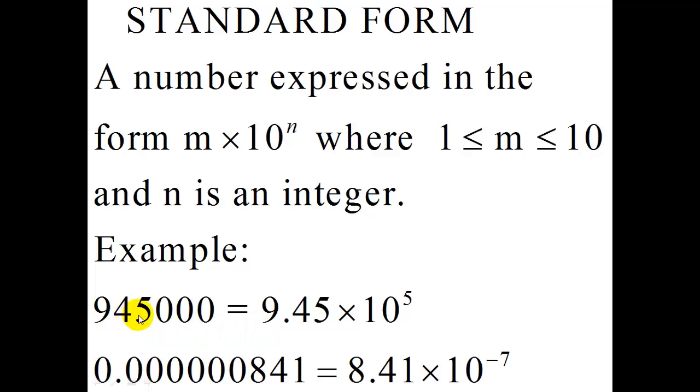That means that 945,000 is equal to 9.45 times 10 raised to the power 5, and this is the standard form of the number 945,000.